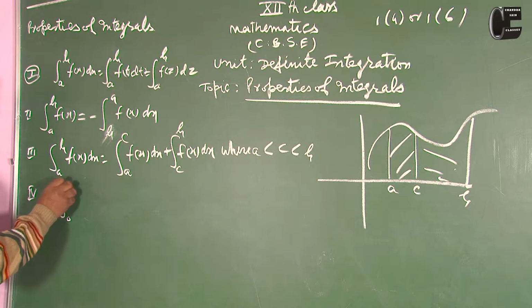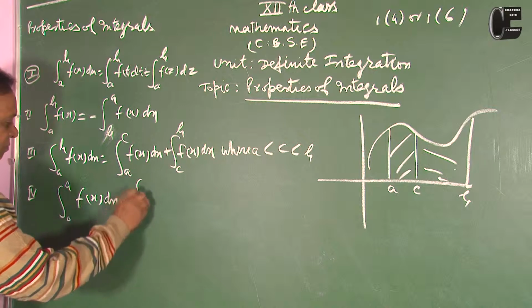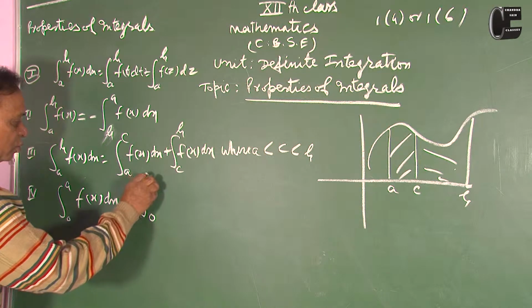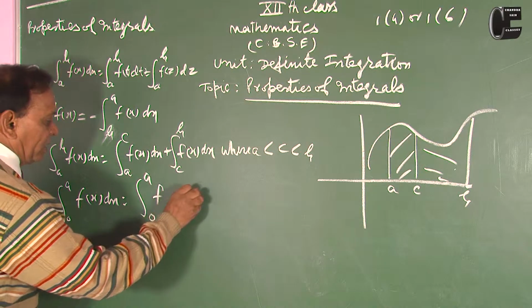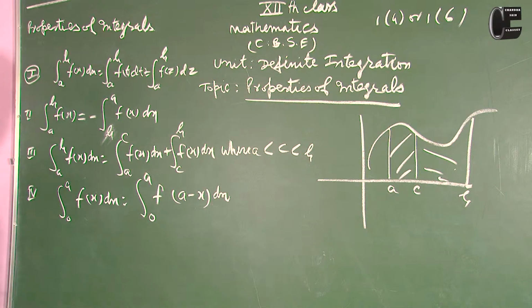Fourth property: integral from 0 to a of f(x) dx equal to integral from 0 to a of f(a minus x) dx. This is a very important property. It is used many times.